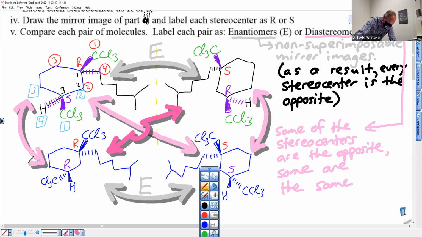Here, going here to here, red changed, purple stayed the same. And going here and here, red stayed the same, purple changed. And those are all called, what are they called? What's D stand for? Diastereomer.